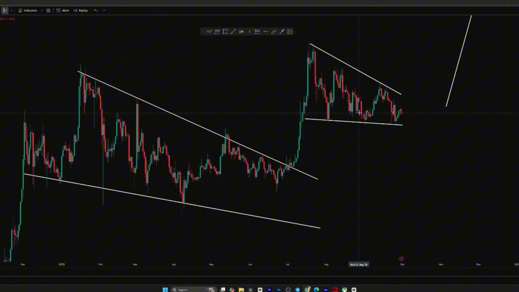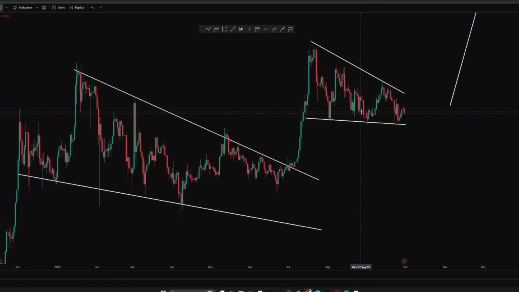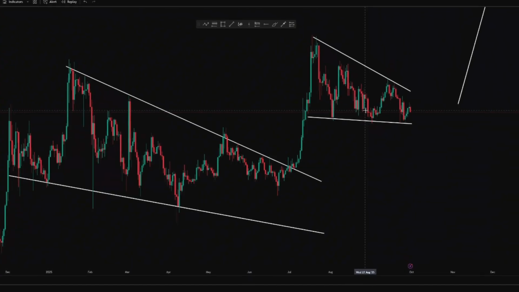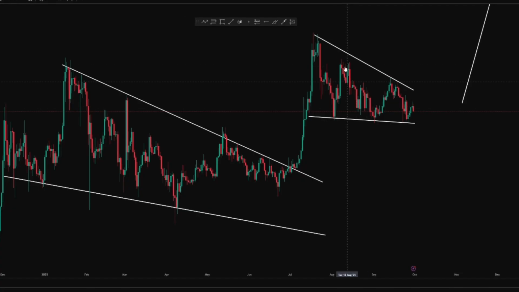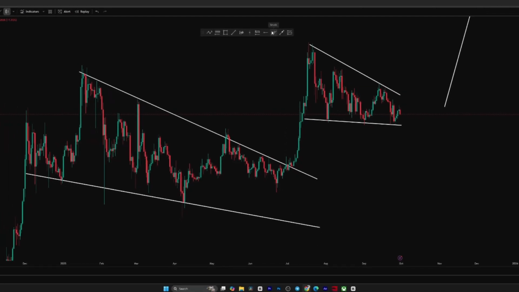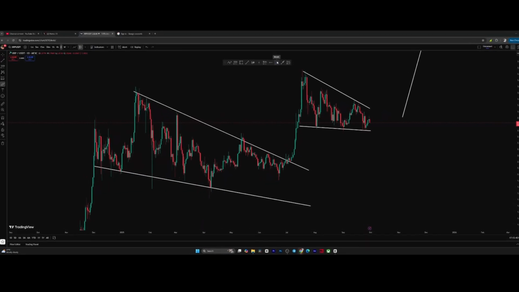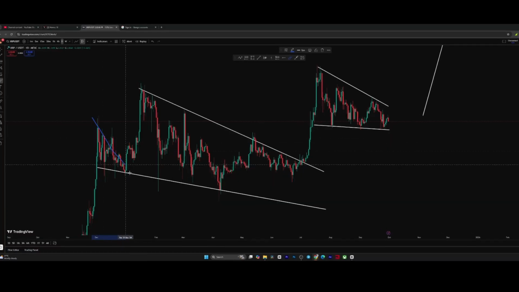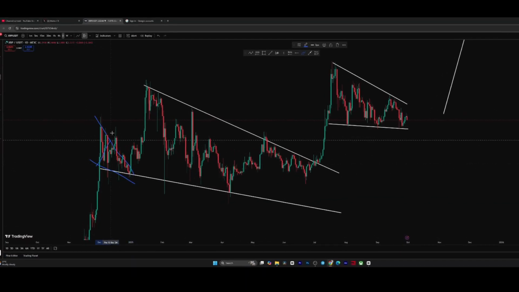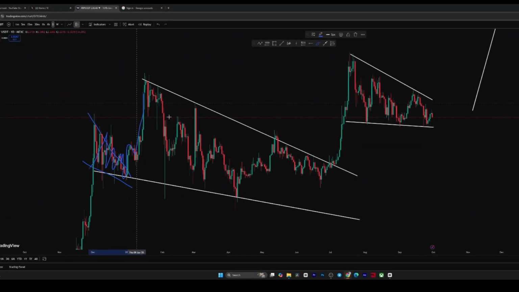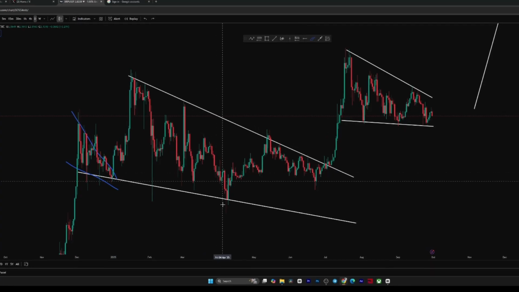Now there's one thing about price and human nature: history tends to repeat itself, right? And what makes history repeat itself is human nature, human patterns in the market. If you take a look at this point right here, you would see that we had a triangular pattern, then it broke above, same thing, and it just keeps on happening over and over again.